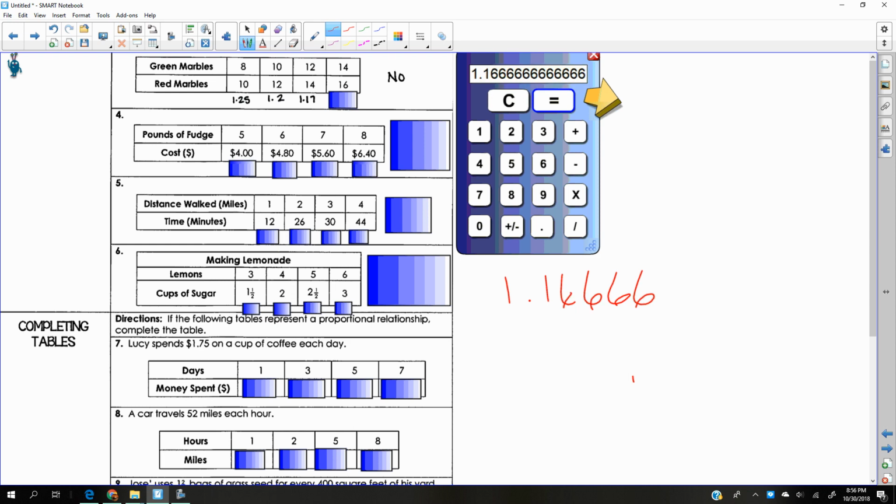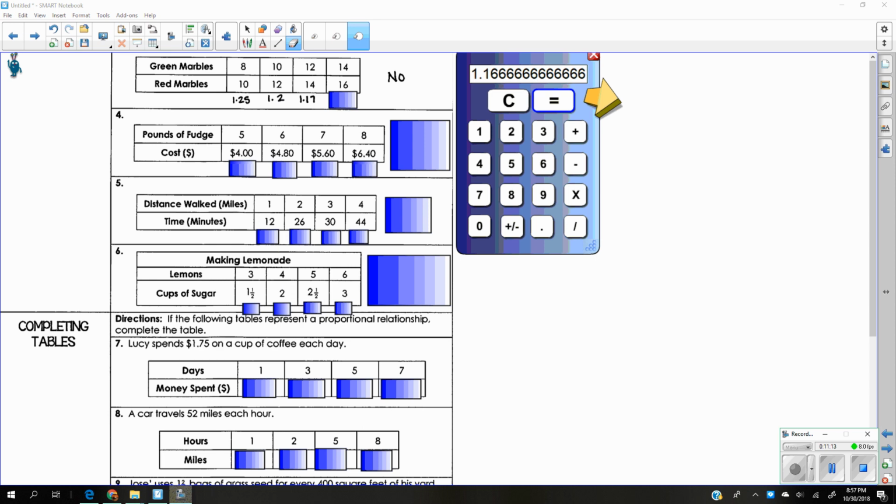Okay, so if we're going to round it to the nearest hundredth, this is our hundredth. So we find our number and then we look next door. If this number here is 5 or bigger, we add one more. So that's when we take that, we add one more to that to make it 1.17. Got that?